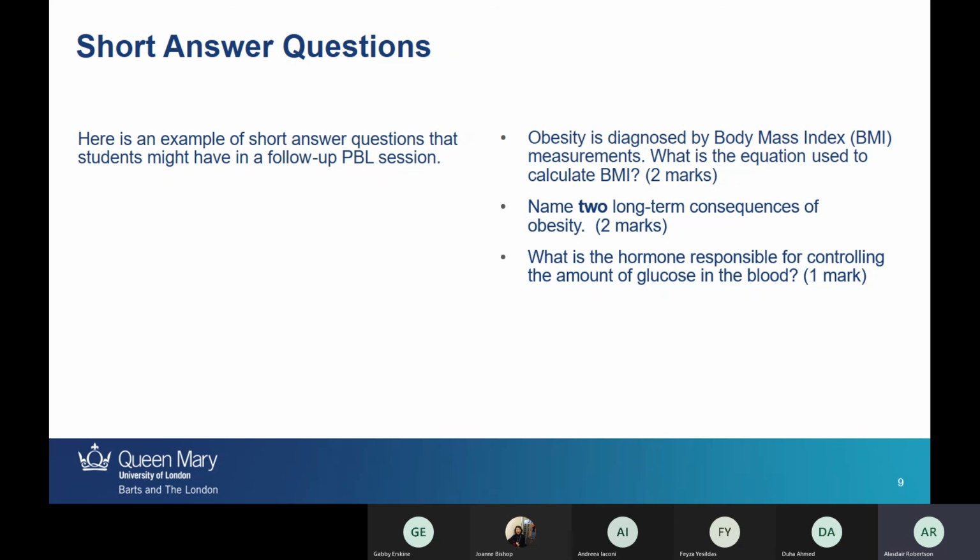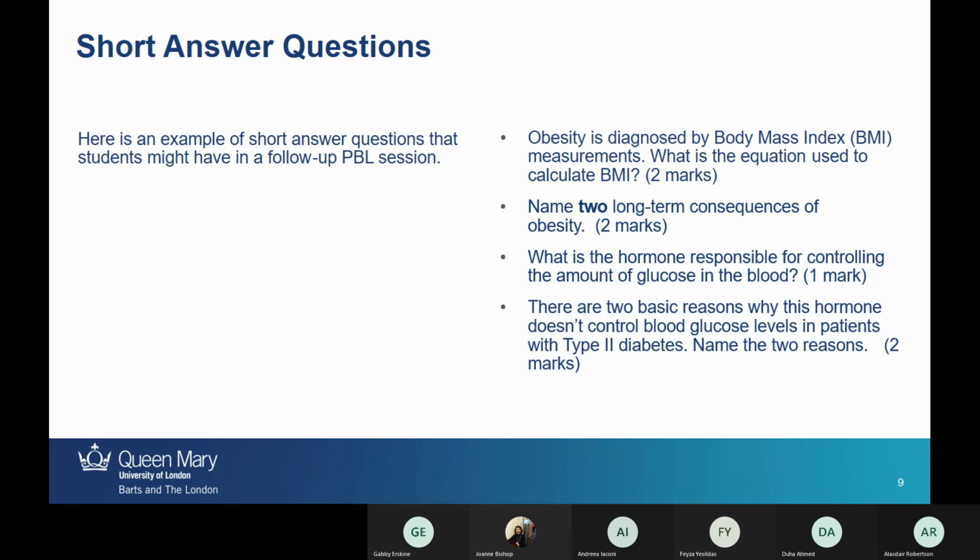What hormone is responsible for controlling the amount of glucose in the blood? And you mentioned that previously. Yeah, perfect. And there are 2 basic reasons why this hormone doesn't control blood glucose levels in patients with type 2 diabetes. Name the 2 reasons. Is one of the reasons that the body develops resistance? Yep.